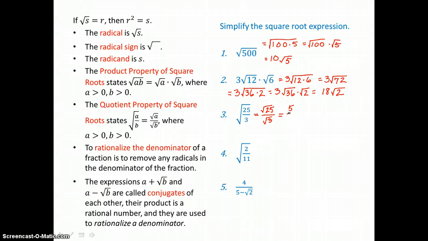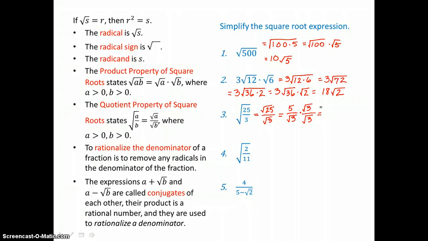And we can't simplify the square root of 3 in the denominator, but we can't leave a radical in the denominator of a fraction, so we need to rationalize the denominator now, or get rid of the radical in the denominator. And to do that, we need to multiply this fraction by a form of 1, so we don't change its value, and that form of 1 is going to be the square root of 3 over the square root of 3.